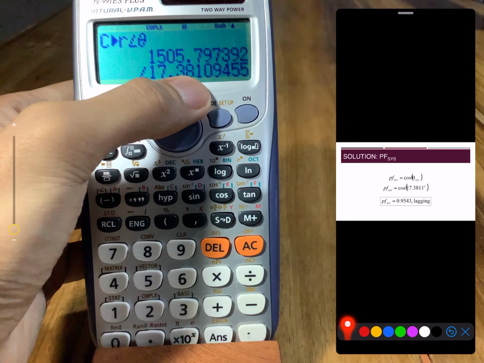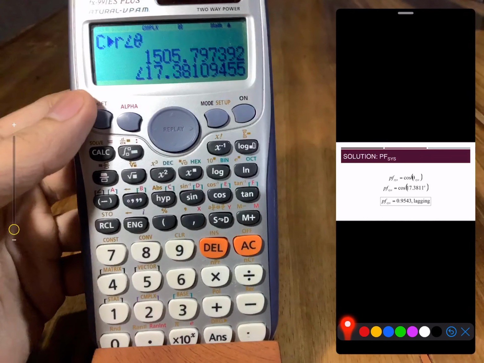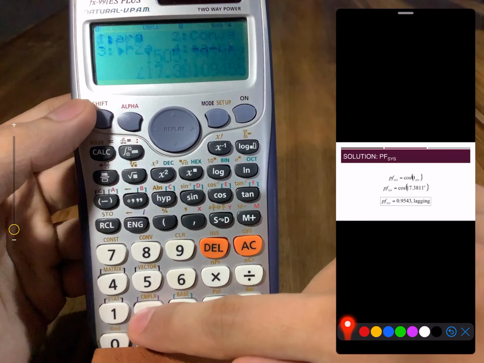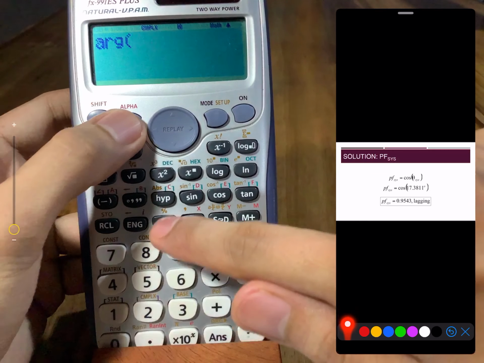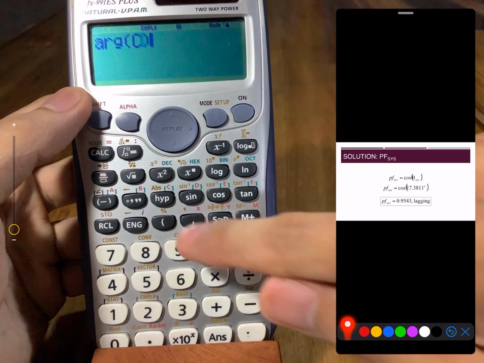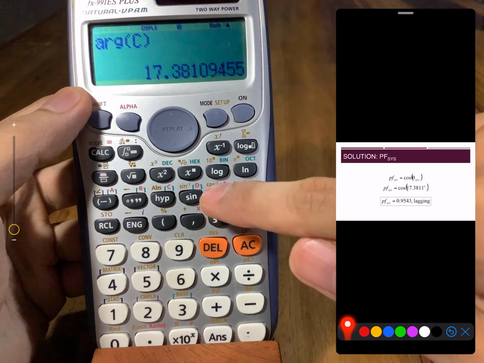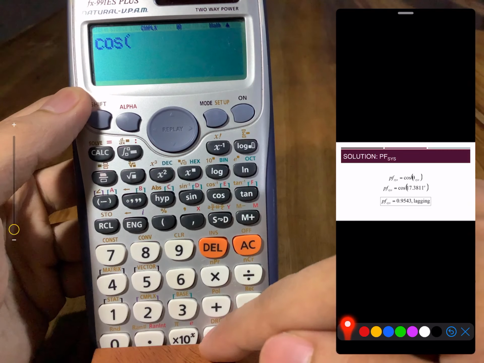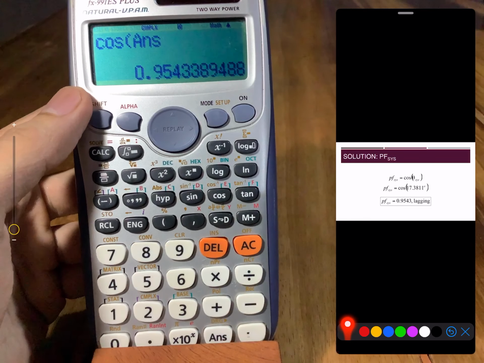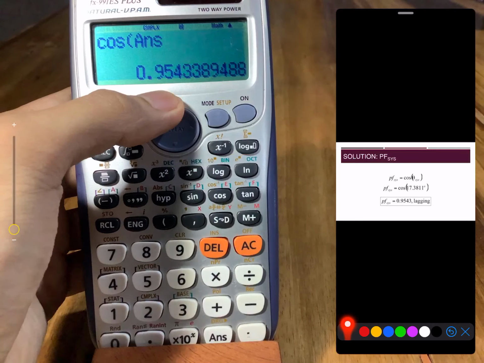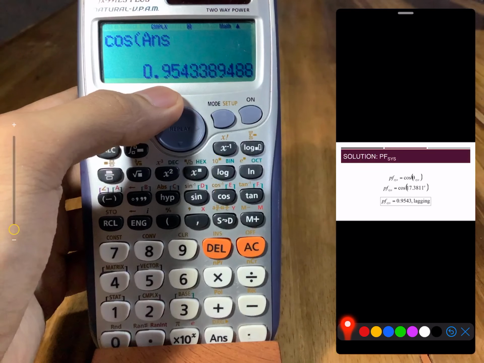So if we wish to solve for the power factor, then we get the arg, the argument of variable C, to get the angle, and then cosine of the angle, so that is the power factor, 0.9543 positive, meaning we have lagging power factor.